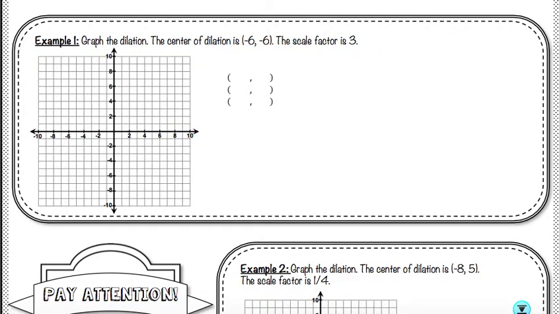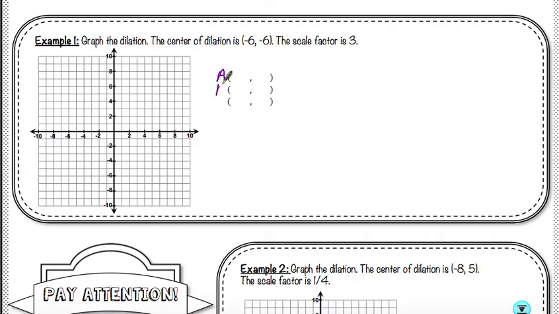All right, so let's start with this first example. It says, graph the dilation. The center of dilation is -6, -6, and the scale factor is 3. So I need to give you some information.